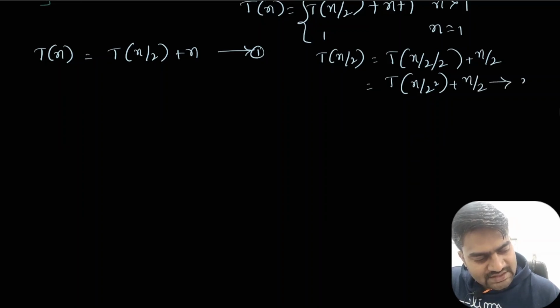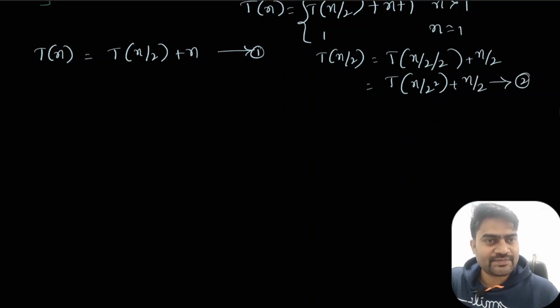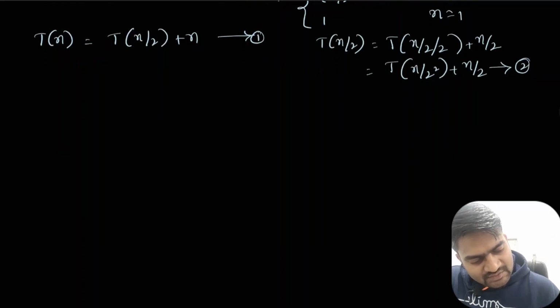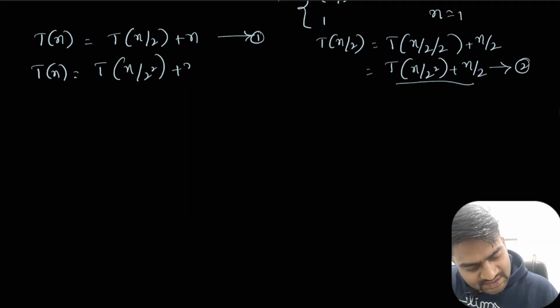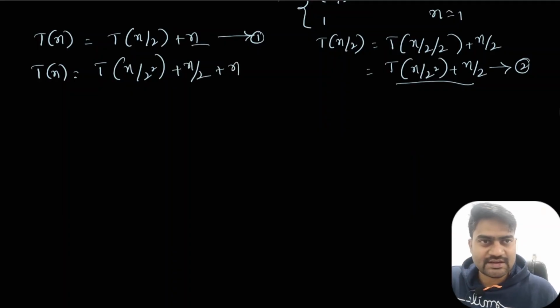I will call this my second equation. Now I will substitute this equation here. Then my T of n will be T of n by 2 square plus n by 2 plus n. Correct, right?